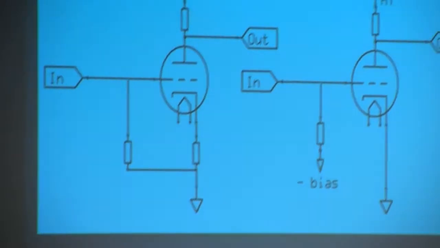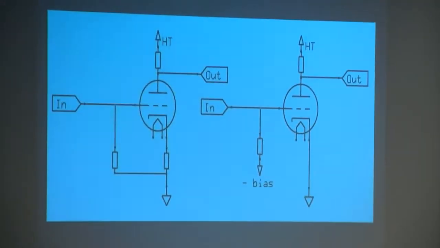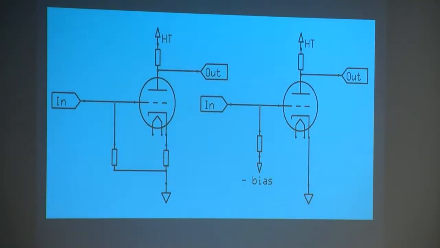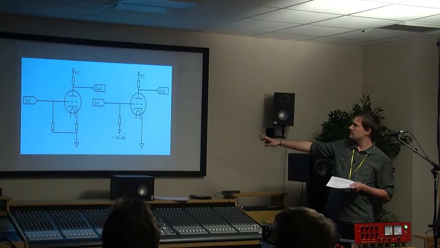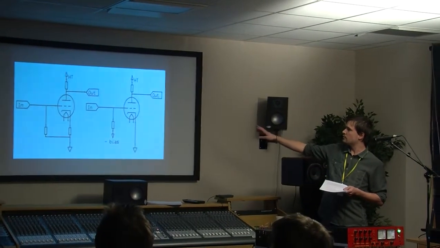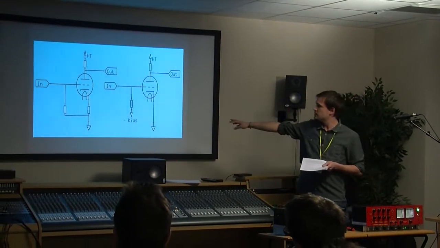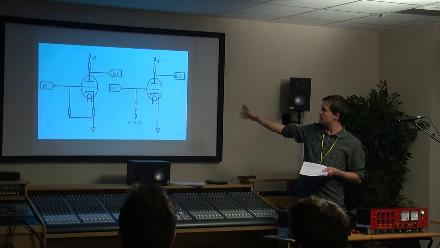So if we look at these two very similar circuits, this is the basic building block for your electronic valve circuit. We apply an HT high voltage to the anode via a resistor, and we need a negative voltage on the grid with respect to the cathode, which is at the bottom. This is done in two ways here.